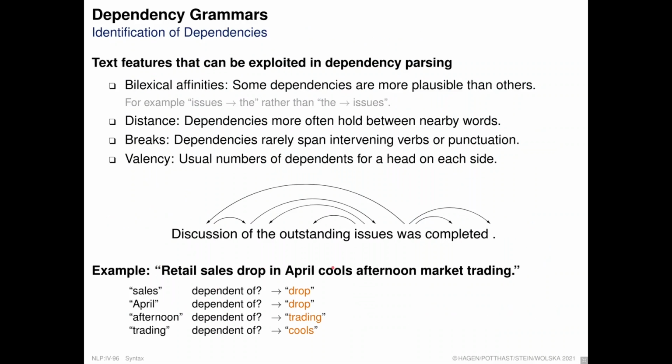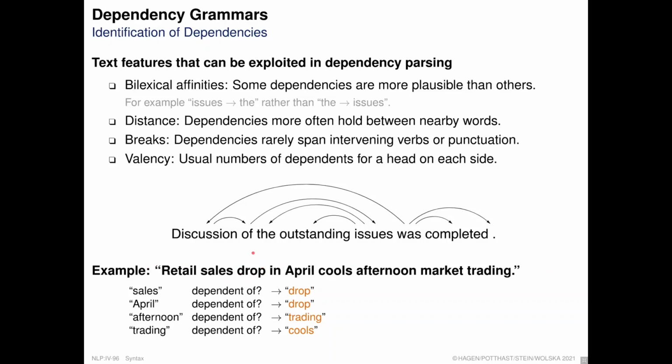Here is another example. Retail sales drop in April cools afternoon market trading. Here you have different possibilities for interpretation, because this is an ambiguous sentence, in the sense that when you read it fast for the first time, you have to think about what the main verb is.